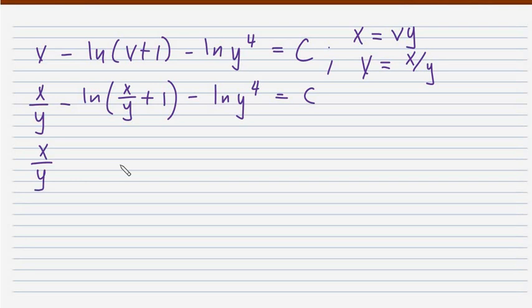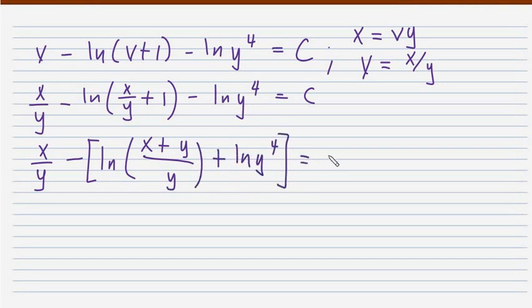Okay, I can combine the two logarithms. So I will first factor out the negative sign, then get the fraction here, get the LCD, so that will be ln of (x plus y over y) plus ln y to the fourth is equal to c, and then combine.